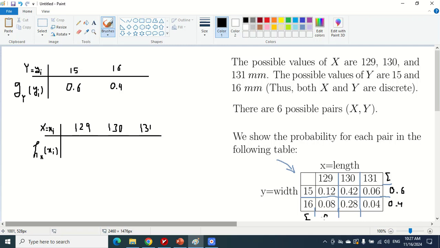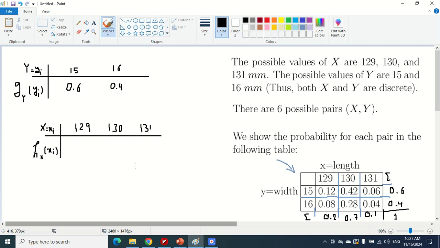So it will be 0.2 for the first one. For the second one, if I add them, it will be 0.7, and as we expected, the last one should be 0.1. So this is the distribution for all the cases that we have, and the addition of all is equal to 1, of course.